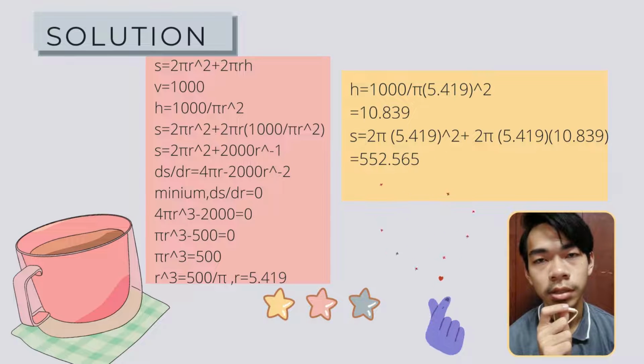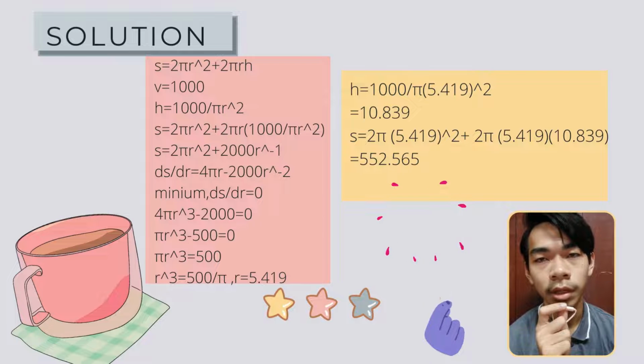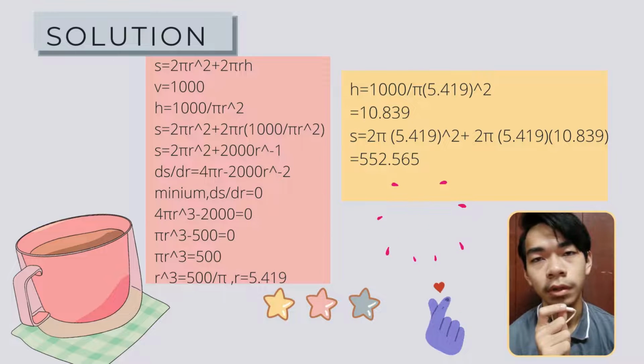And lastly, S equal to 2 pi multiplied by 5.419 squared plus 2 pi multiplied by 5.419 multiplied by 10.839. So the final answer we got is 552.565. That's all for me. Thank you.